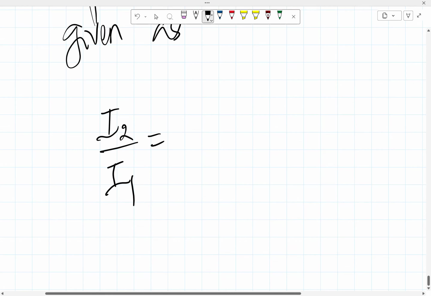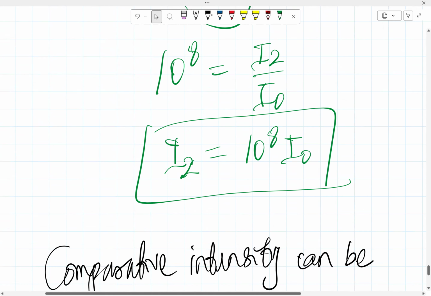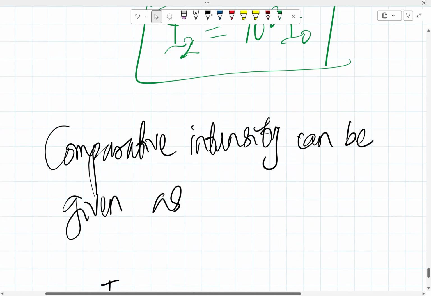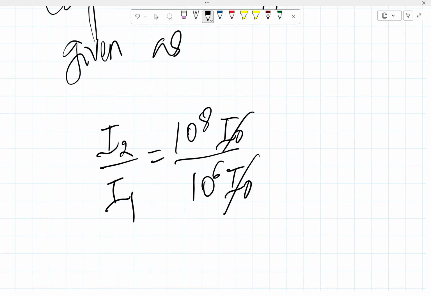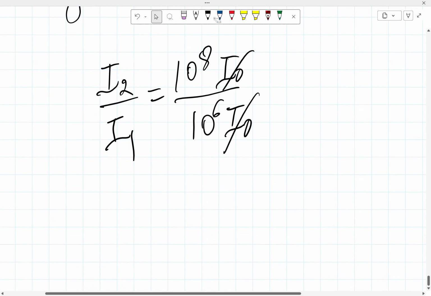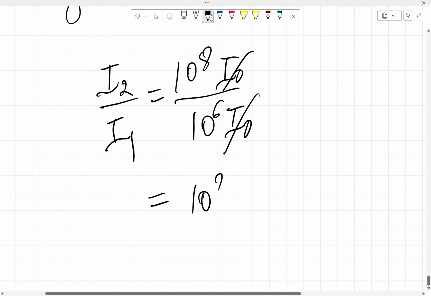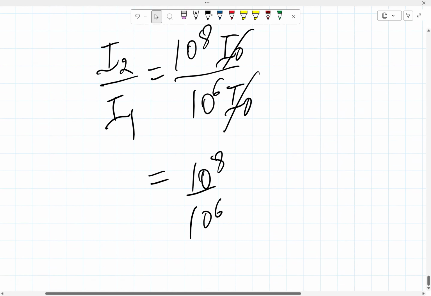All right. We know I2 is 10 raised to power 8 I naught, and I1 is 10 raised to power 6 I naught. So this is 10 raised to power 8 I naught, and this is 10 raised to power 6 I naught. So I naught cancels I naught. So we have 10 raised to power 8 all over 10 raised to power 6. Okay, let me bring it down so I can keep having enough space. So that's 10 raised to power 8 over 10 raised to power 6. All the I naughts are gone.